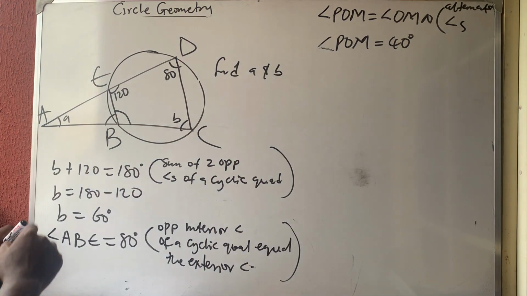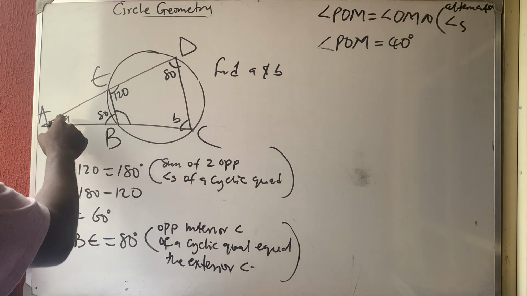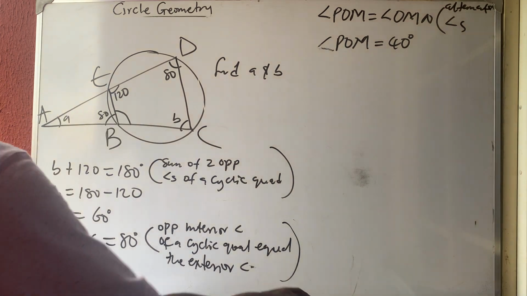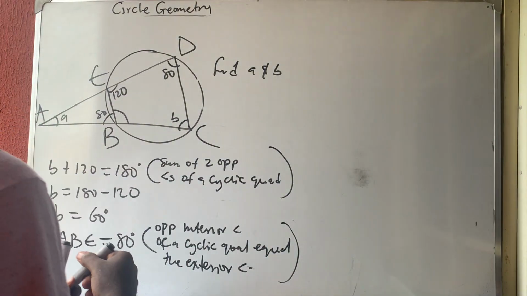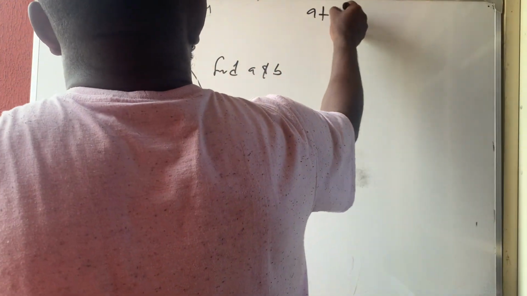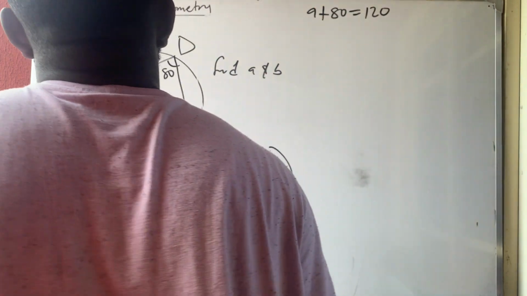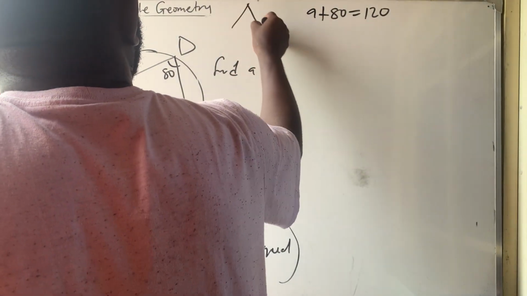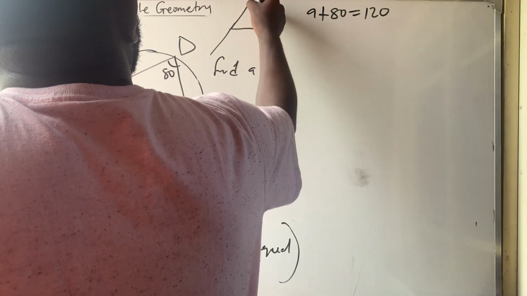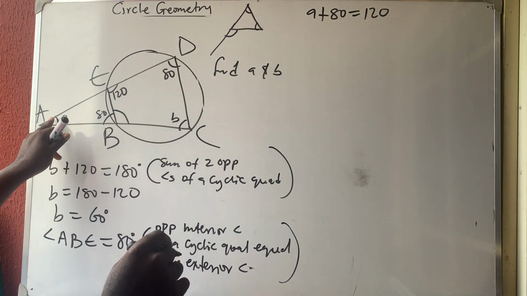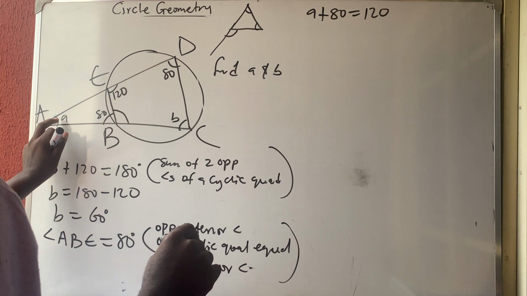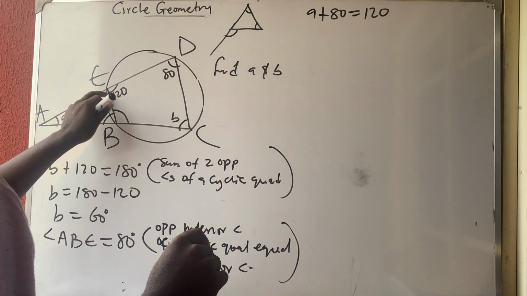Okay, so if I've gotten here to be 80, now to get A is very simple. We can tell them that A plus 80 is equal to 120. Do you remember the formula? If you have a triangle like this that is extended this way, if you add these two sides, it is equal to the exterior angle here. I'm not interested in the one that is close to that place.